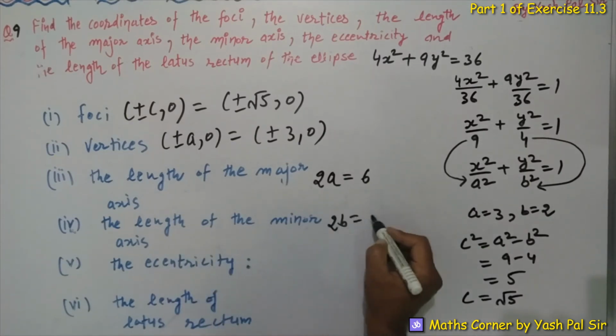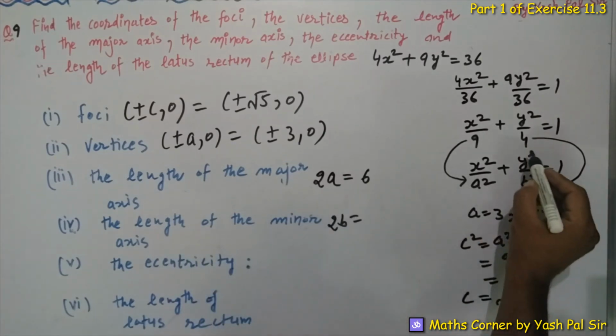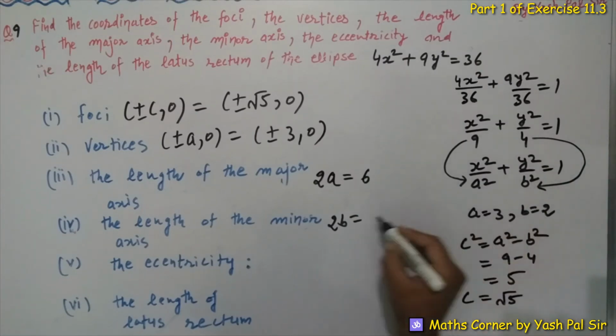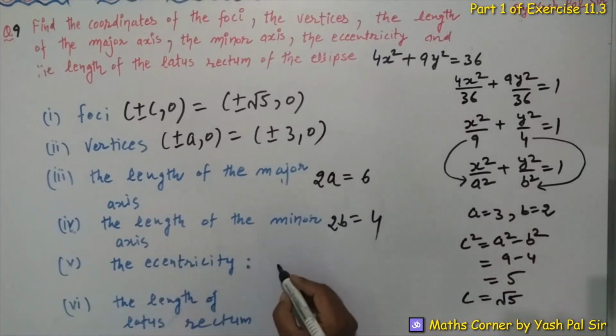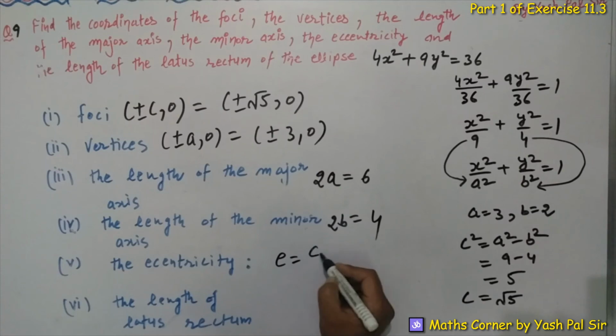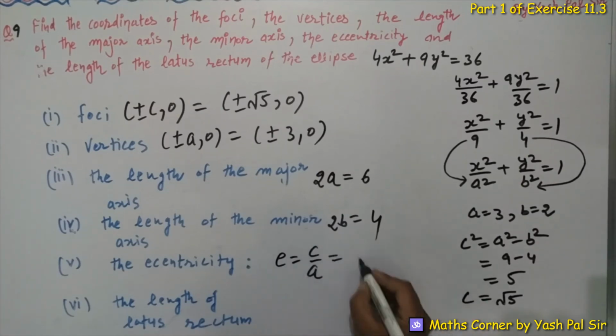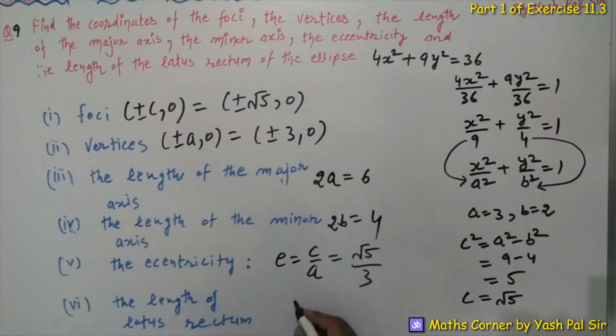Length of minor axis 2b is equal to 2 into b, which is 2, 4. Eccentricity e is equal to c upon a, so square root of 5 upon 3. Length of latus rectum 2b square upon a, 2 into 4 upon 3, 8 upon 3 is the length.